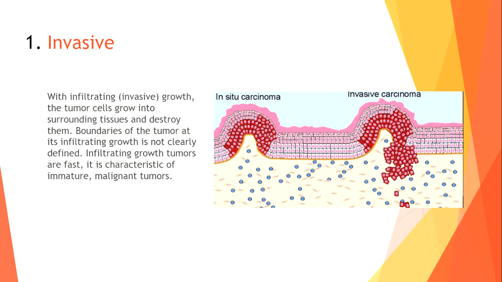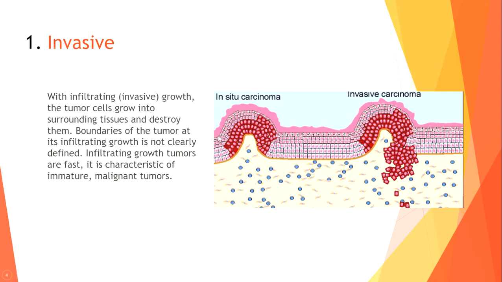First of all, invasive. With infiltrating growth, the tumor cells grow into surrounding tissues and destroy them. The boundaries of the tumor with infiltrating growth are not clearly defined. Infiltrating growth tumors are fast. It is characteristic of an immature malignant tumor.